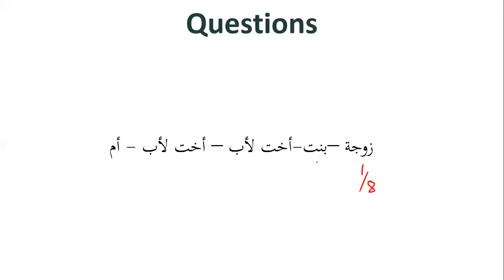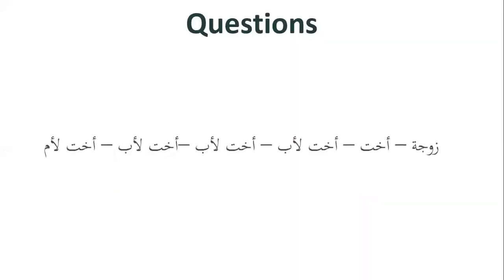زوجة would receive 1/8, بنت 1/2, أخت لأب, make the sisters with the daughters asaba. So put a nice juicy عين there, and would receive 1/6. So over here the زوجة would receive 1/4.